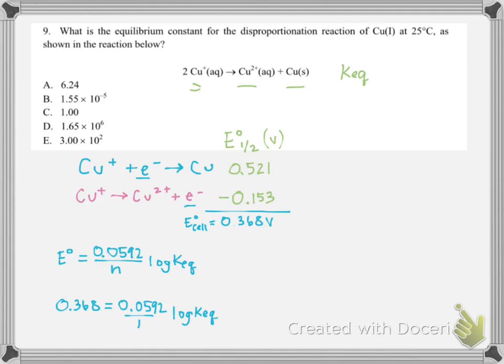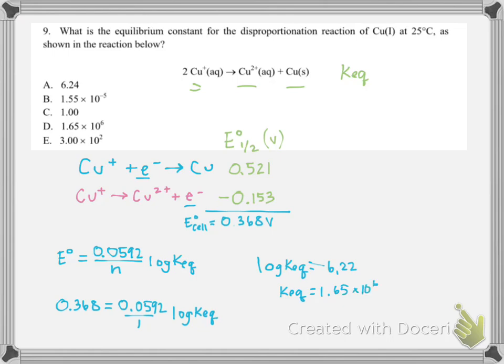Okay. Do some rearranging, and we find that the log of KEQ is equal to 6.22. 10 to the power of 6.22 gives us our KEQ, which is 1.65 times 10 to the 6th.